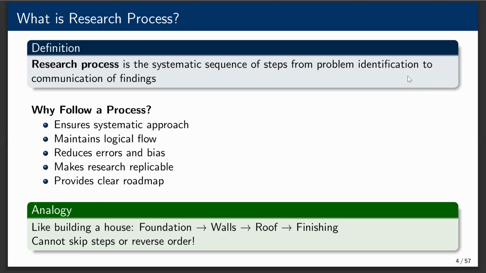Now, what is the analogy here? Like building a house, you need foundations, then walls, then roof, then finishing. You cannot skip steps or reverse the order. Similarly, in research also we have to follow the process.